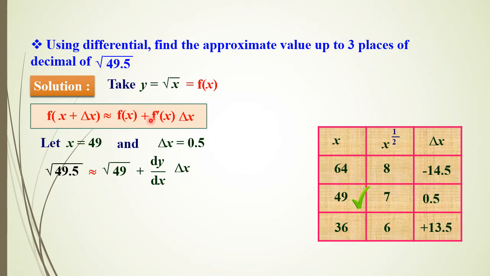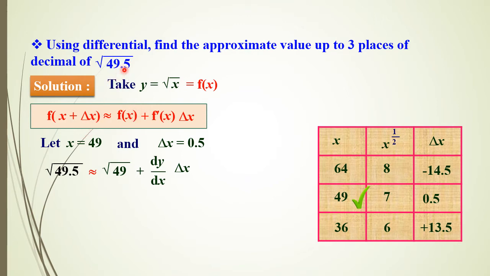Next, f of x plus delta x is equal to f of x plus f dash of x into delta x, or dx. Remember, this is a standard form, adopted for finding the approximate value of square root, cube root, fourth root, fifth root, 10th root, etc. Now come back to the given value 49.5.